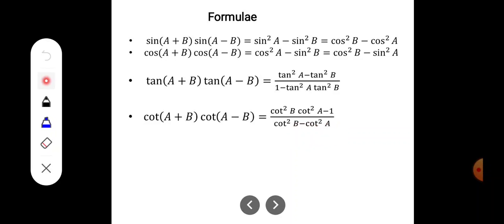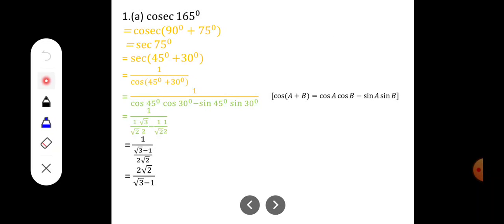Using these formulas, now we will do this math exercise. 7b, question number 1a, cosec 165 degree. So we need to simplify 165 degree, that is 90 degree plus 75 degree.